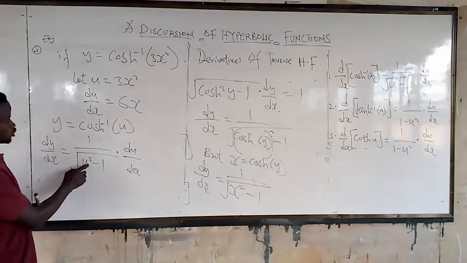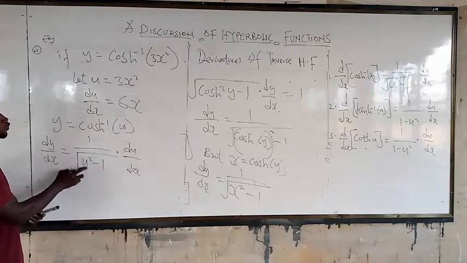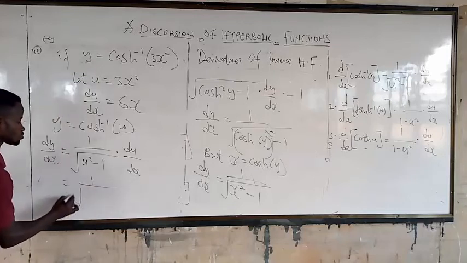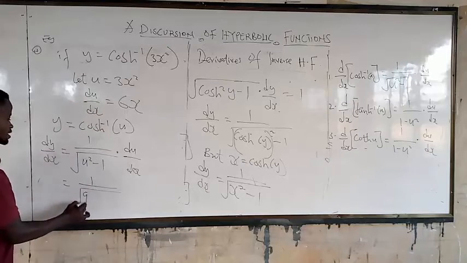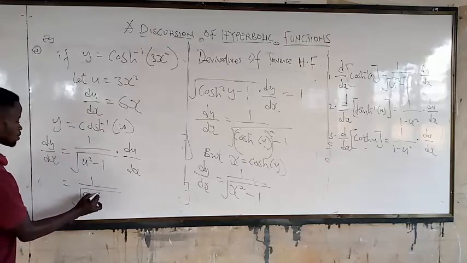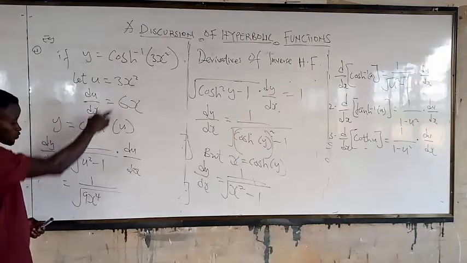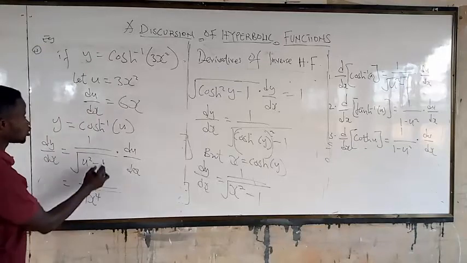Since we know that we have du/dx already here, we also have u here. So by substitution, we get 1 over the square root of 9x to the power 4, because we have 3x squared. So the square of 3 gives 9, the square of x squared gives x to the power 4.